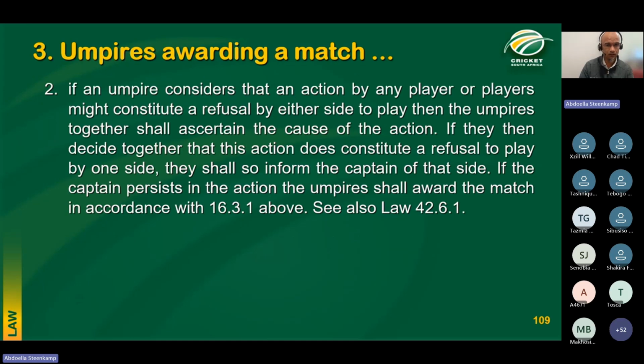But be careful. Yes, this is in the law, but before taking this action of awarding a match, importantly, umpires will find out why the side is refusing to play. So even though it is in the law, don't just make this call, go find out why.